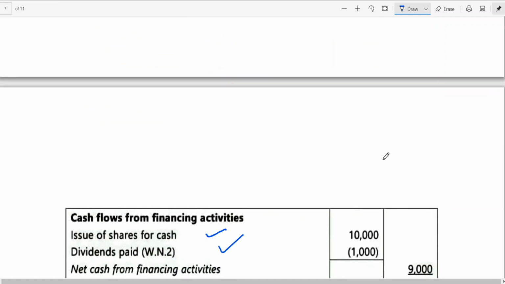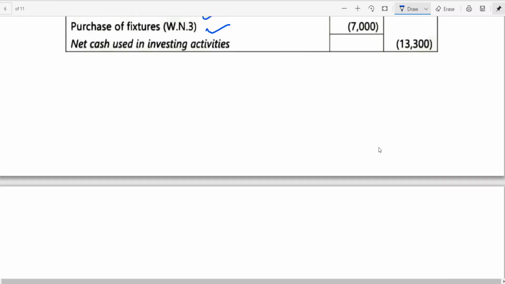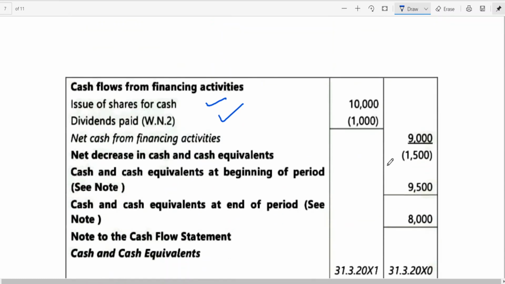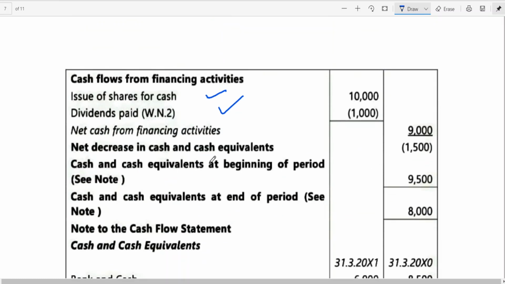We are having 9,000 positive balance, minus negative is how much? 13,300. Negative means outflows. 1,500 is the net decrease in cash. In the previous problem we used the word net increase. Here, net decrease in cash and cash equivalents.